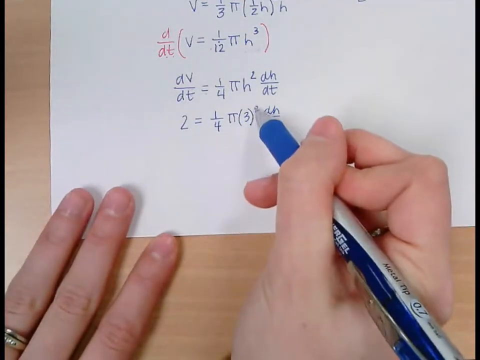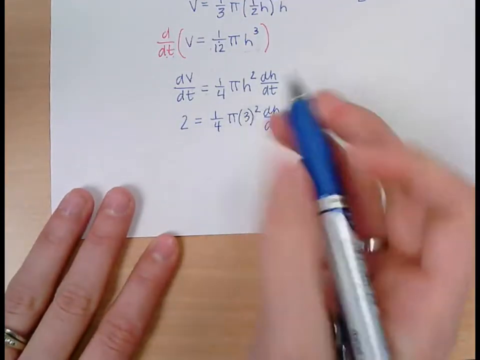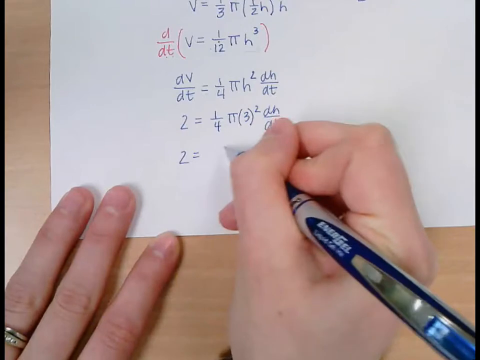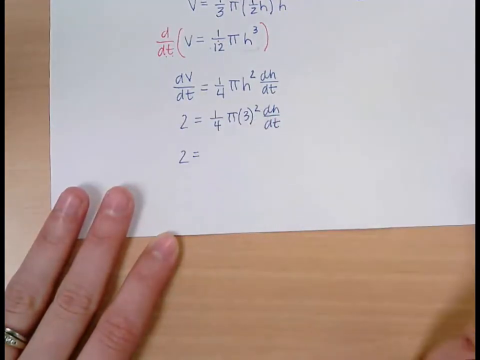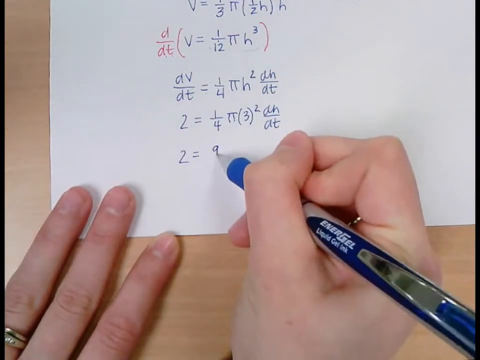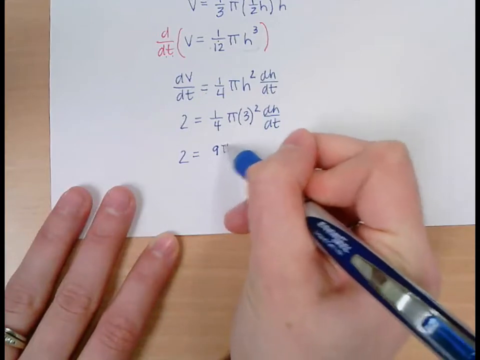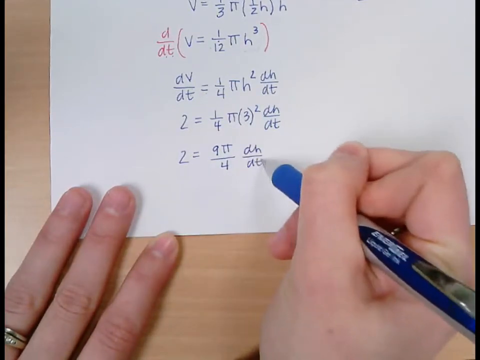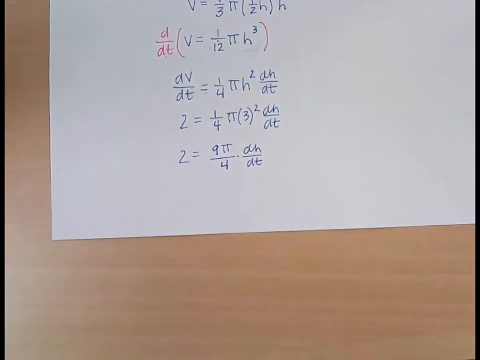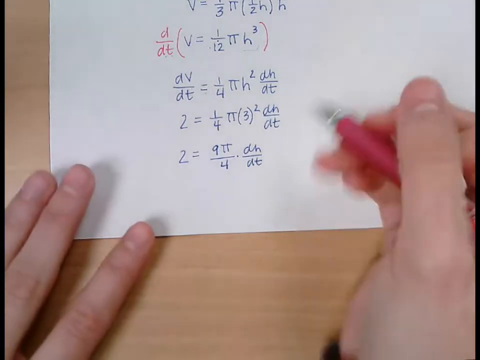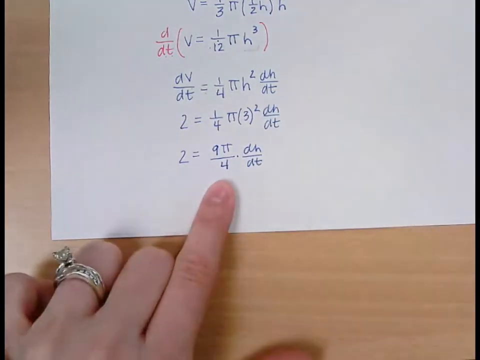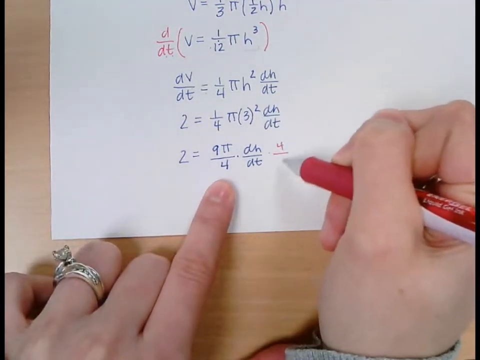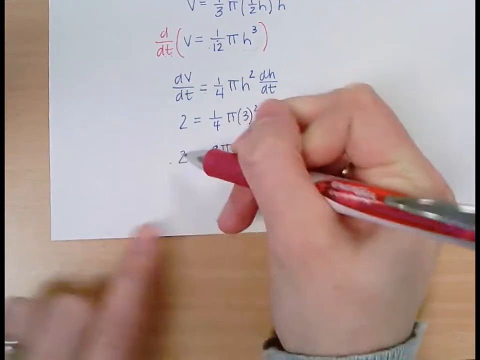I'm going to simplify the right side. 3 squared is 9, so I'm going to write this as 9 pi fourths times dh/dt, because then to solve for dh/dt, I can multiply by the reciprocal, 4/9 pi.